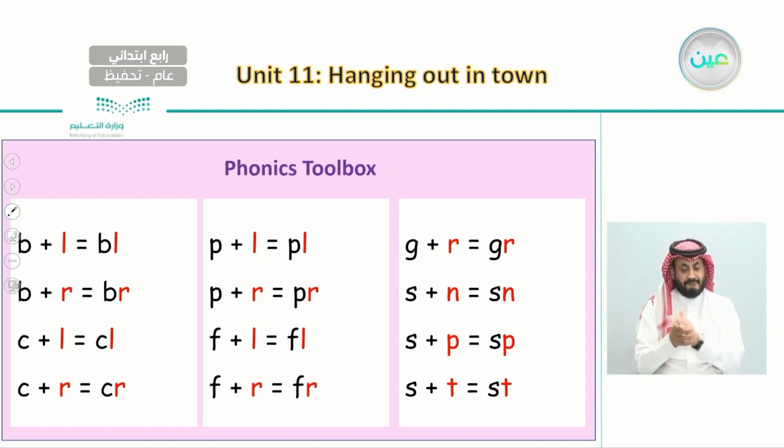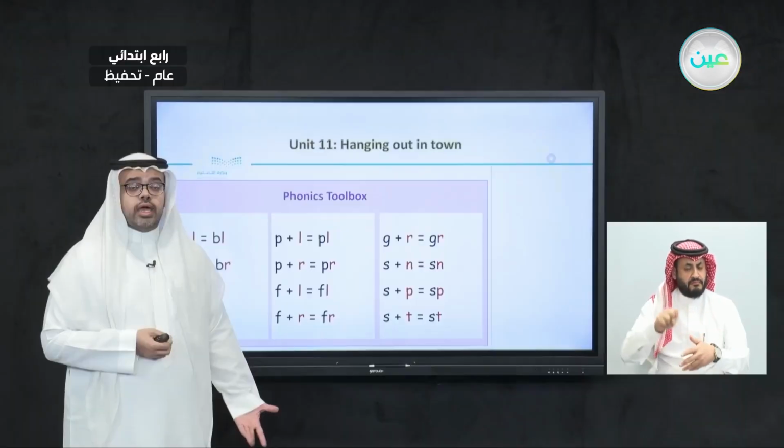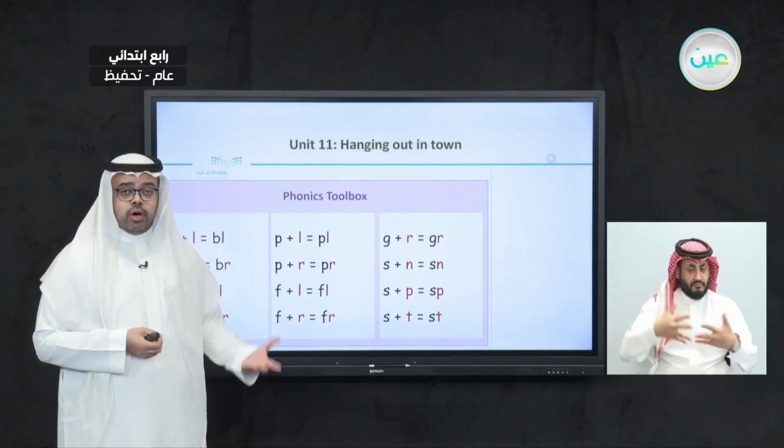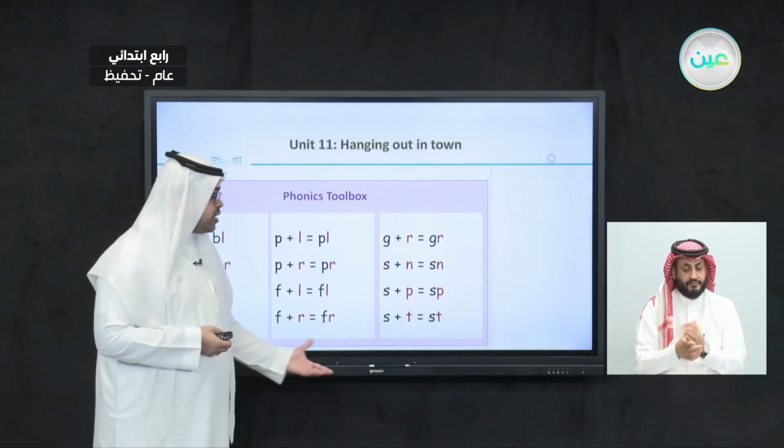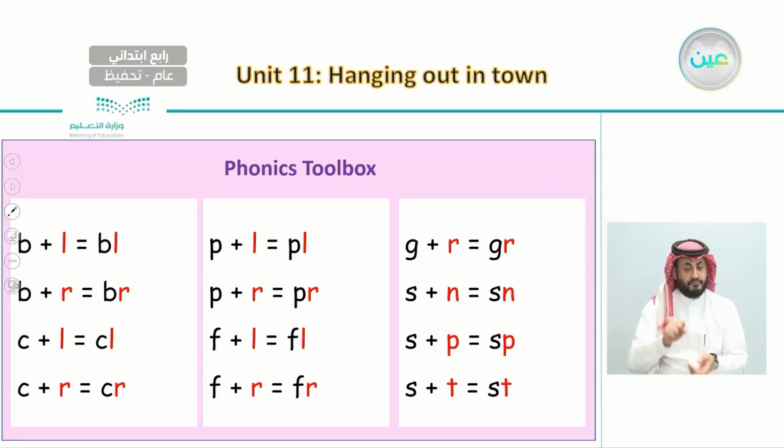And also here we have S. If we add to it the letter N, it will form one sound unit, as in snake. And here we have S. If we add to it P, it will form one unit, as in spark. And finally, S, if we add to it T, then it will form one sound unit, as in star.